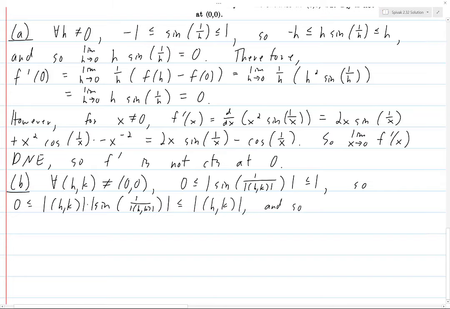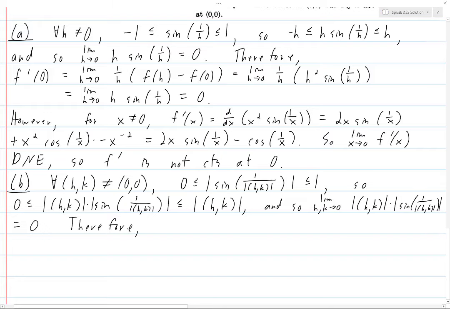And so if we take the limit as h and k both approach 0 of this vector times sine of 1 over the norm of (h,k), this is 0 by the squeeze theorem again.